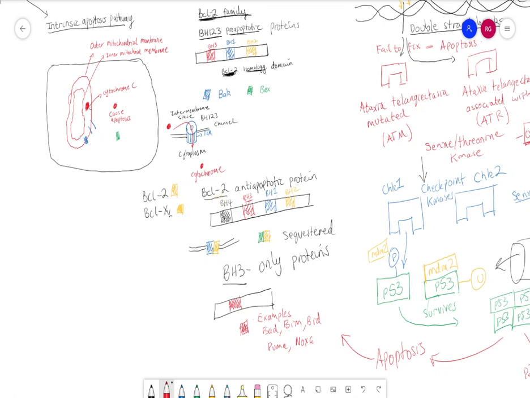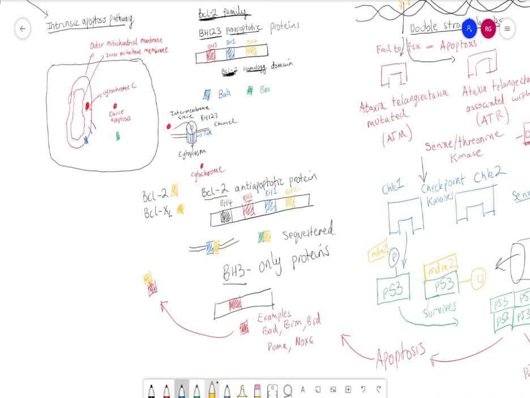And what BH3-only proteins are going to do is bind to proteins from the BCL2 anti-apoptotic protein family. So if they bind and sequester the anti-apoptotic proteins, then these proteins can't then go and sequester the BH3-containing, the pro-apoptotic proteins.